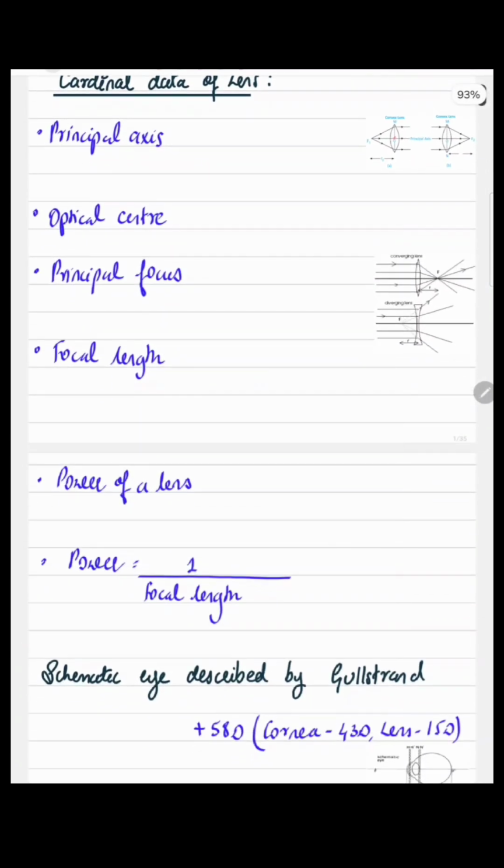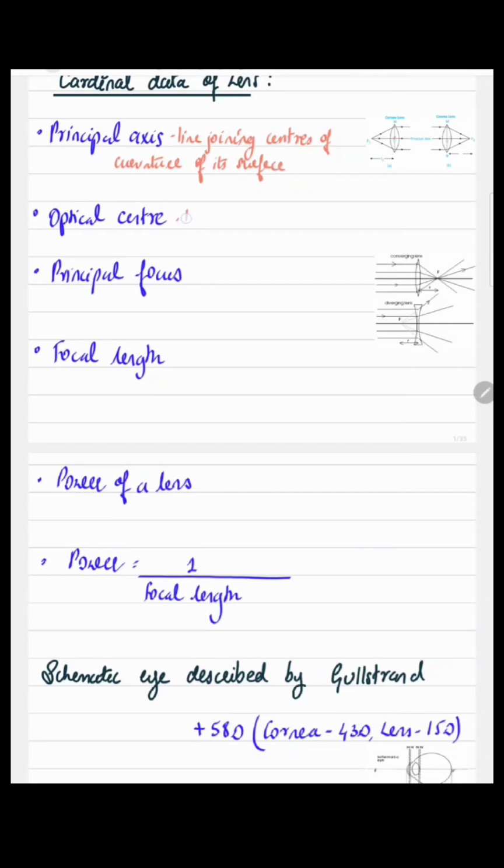Next, coming to a few cardinal points of a lens. Principal axis is the line joining the centers of curvature of its surfaces.